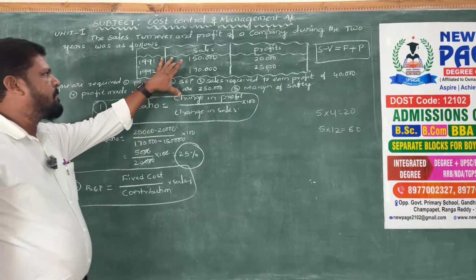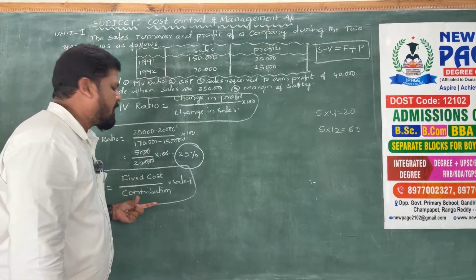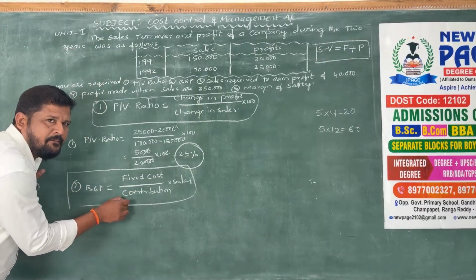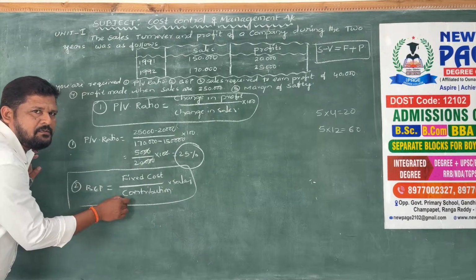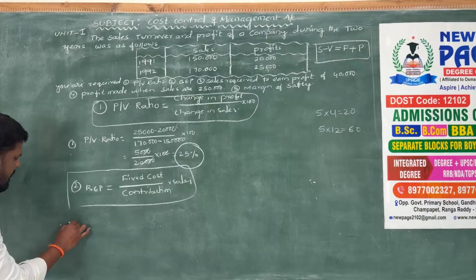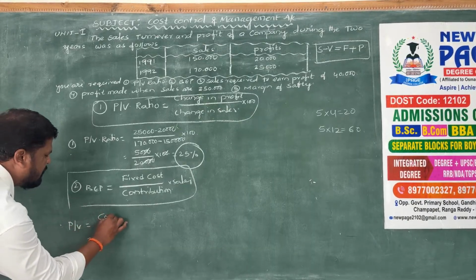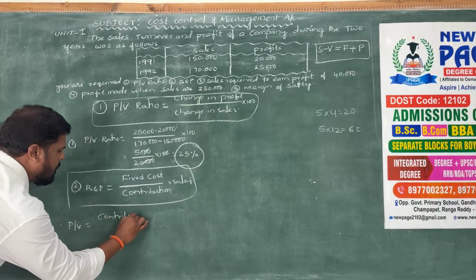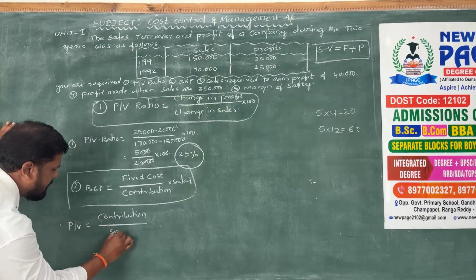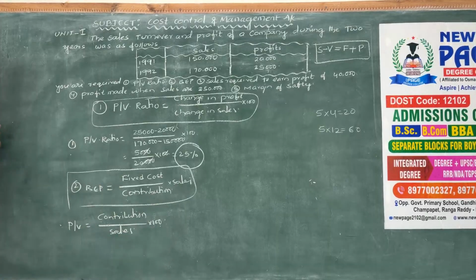So in these details, no fixed cost and no contribution is given. So we have to find out firstly the fixed cost and then find out the contribution. PV ratio formula is contribution divided by sales into 100, right?